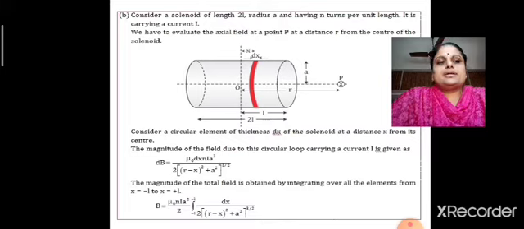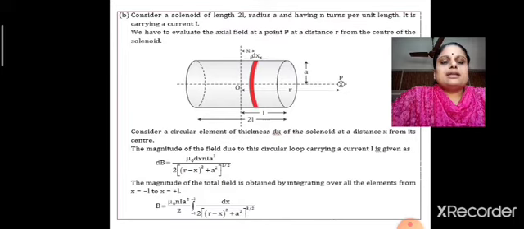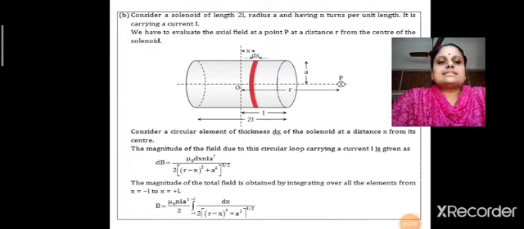So magnetic field B is given by μ0 n a² by 2 into I into the integral from −L to +L, that is taking the entire length of the solenoid, of dx divided by ((r − x)² + a²) raised to 3/2. The 2 is taken outside, so it is not present on the right side of the integral sign.